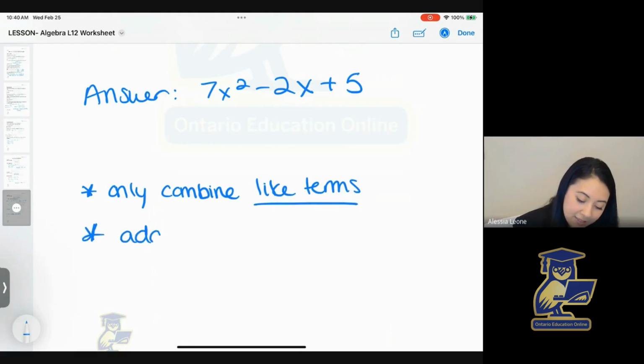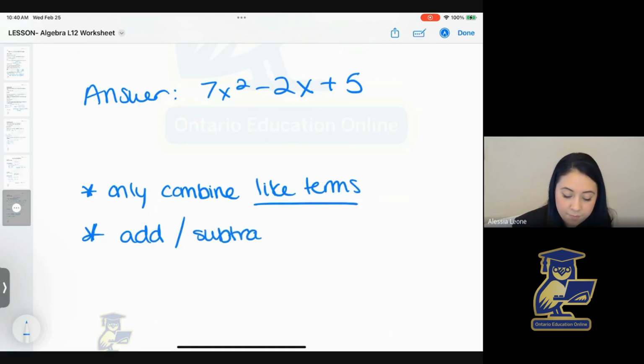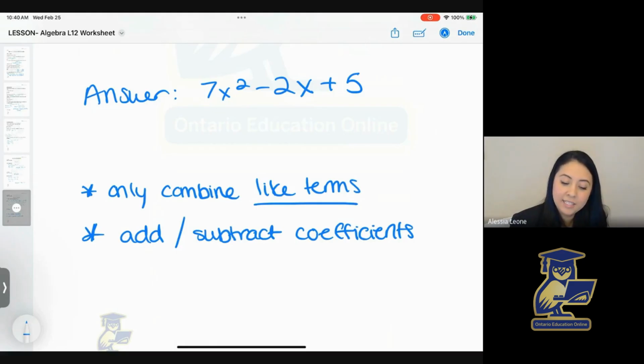We add or subtract coefficients. So we add and subtract the big numbers attached to the letter variables. The coefficients are what we are adding and subtracting.